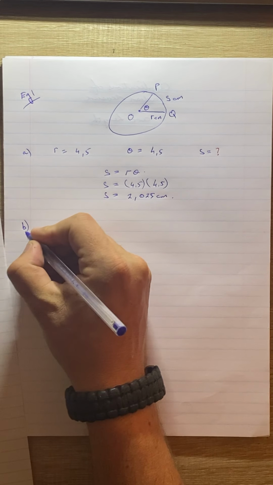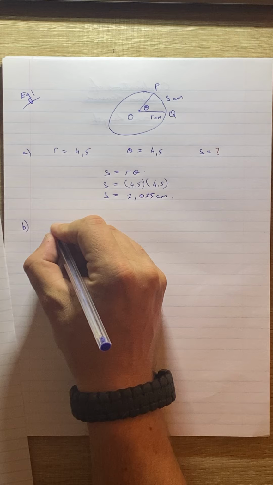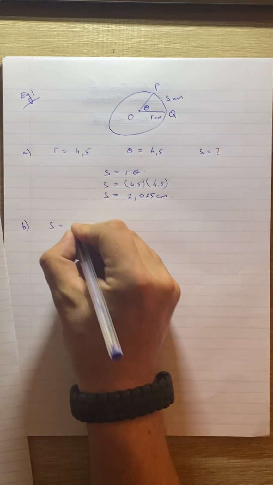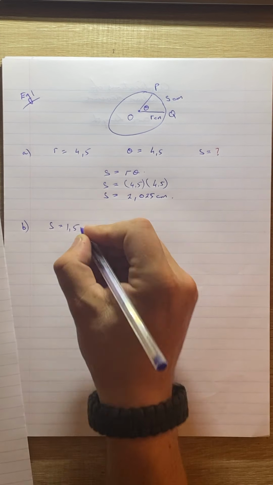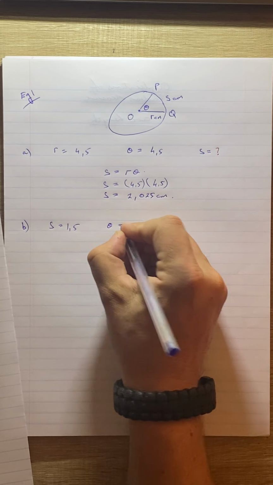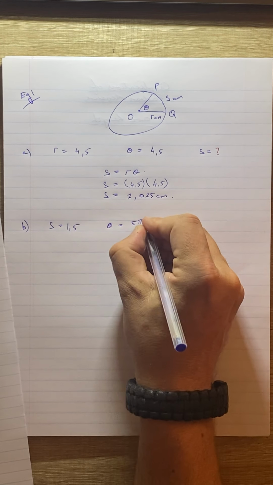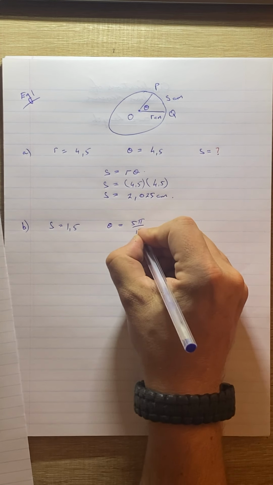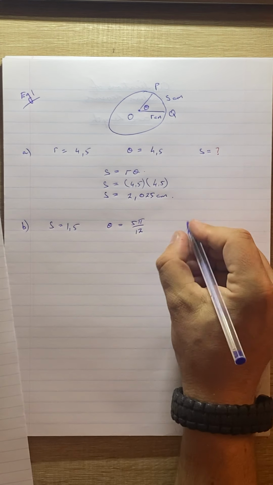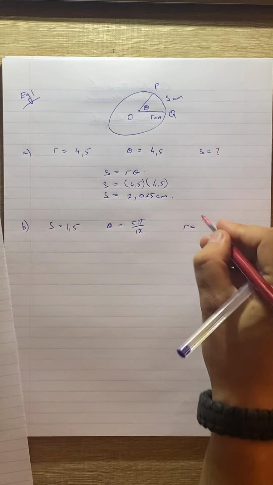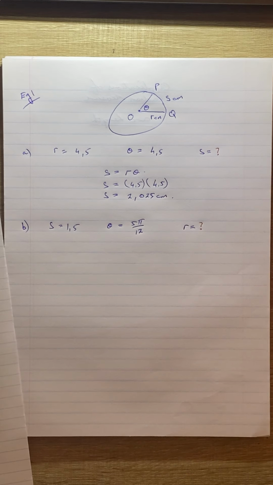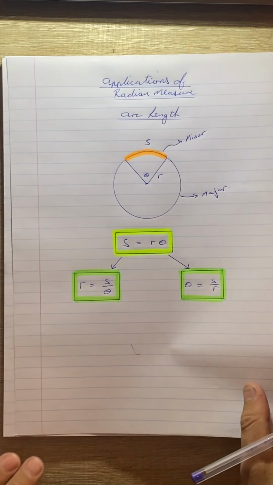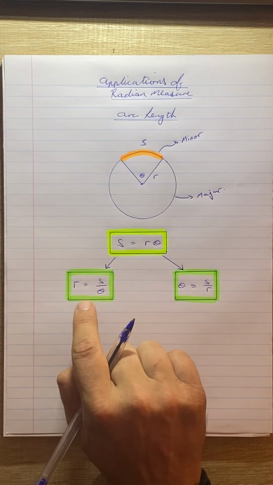Okay. Question B is still dealing with this circle over here. So question B, now they're saying that S is equal to 1.5. Theta is equal to 5 pi by 12. And the thing that we're missing here is the R. So we need to work out what R is. So again, just coming back to your formulas that you just learned, R is equal to S over theta.